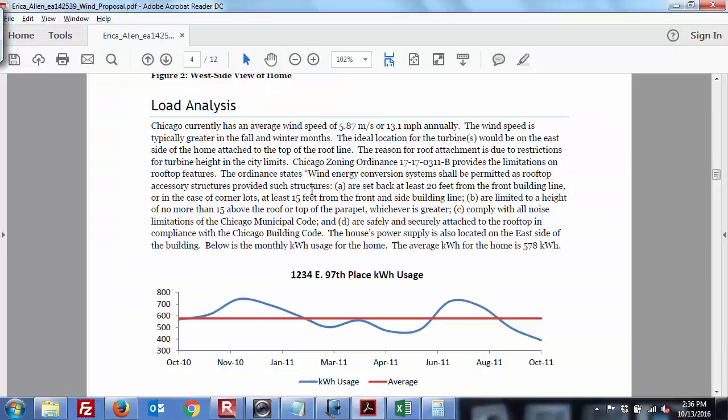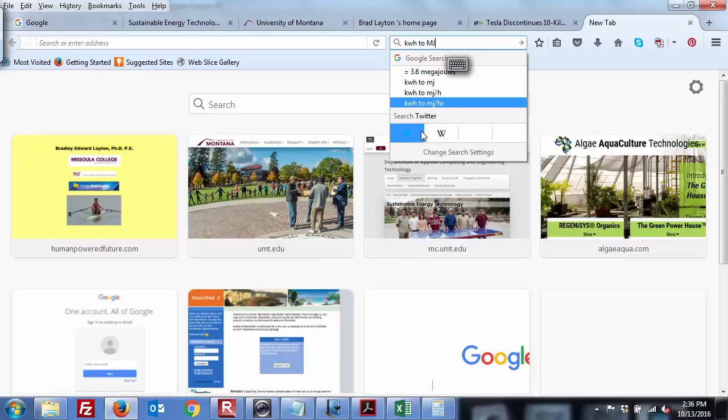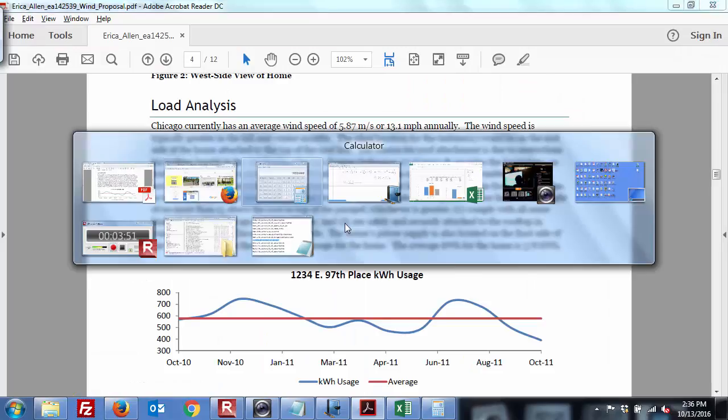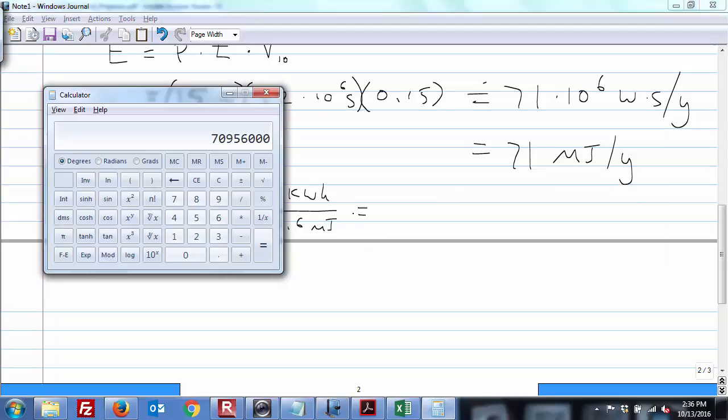And again, we know that this way there's almost no confusion. 1 kilowatt hour is 3.6 megajoules. So 71 divided by 3.6.